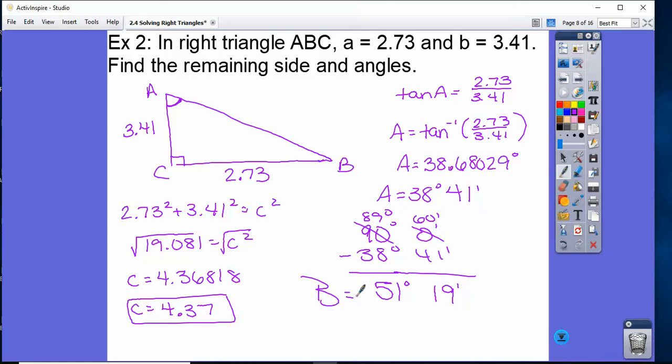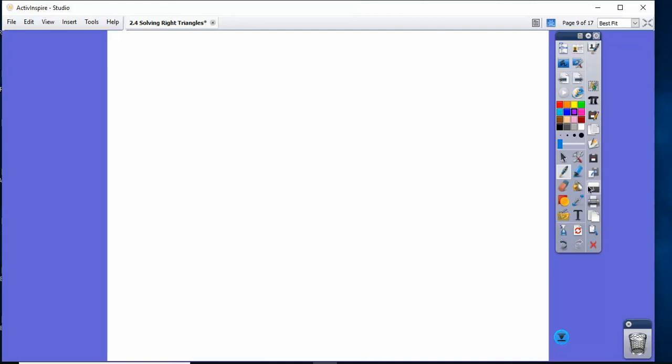Do we need another problem where I just give you two sides and you have to find an angle? Okay, let's do another one like that. Let's say we have right triangle ABC.